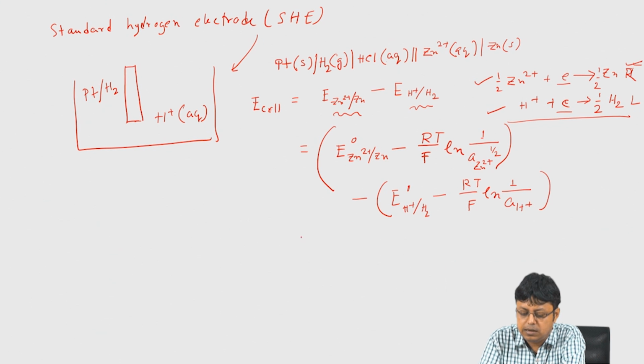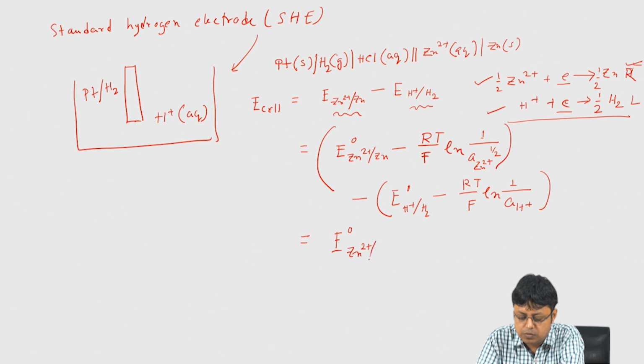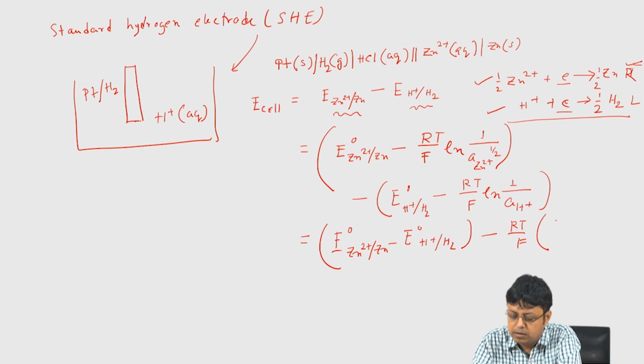So, that is the E right minus E left, and then if we collect the E 0 terms together, E 0 zinc 2 plus zinc minus E 0 H plus H 2, minus, we can take the minus common, R T by F, and then we will have A H plus divided by A zinc 2 plus.